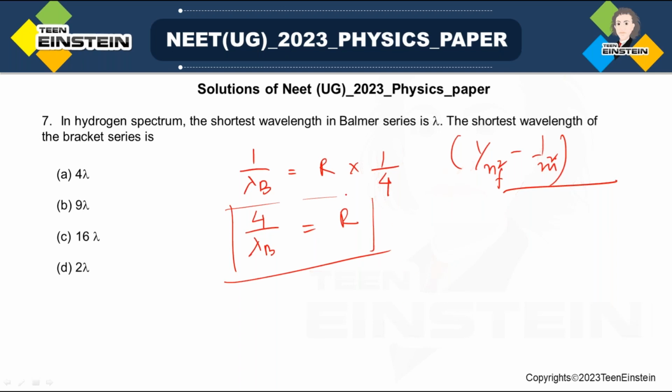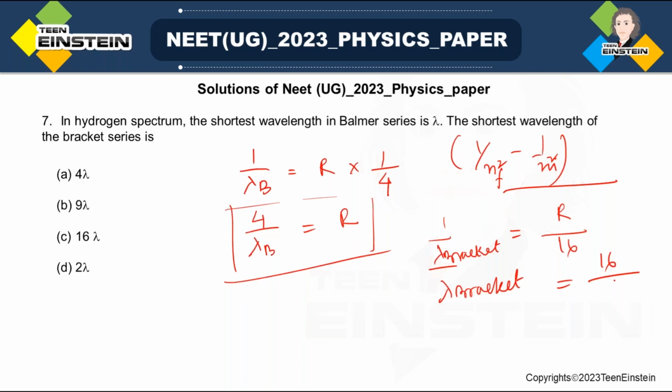Now 1 over lambda bracket is equal to same r divided by, what was that, Lyman-Balmer pattern bracket. So this will be 16. Okay, so lambda bracket is equal to 16 by r. R is actually, r is how much?